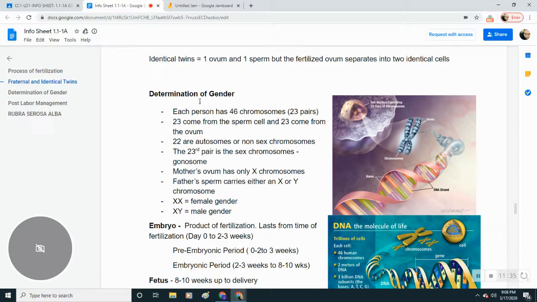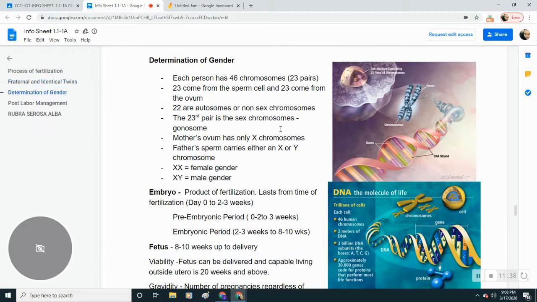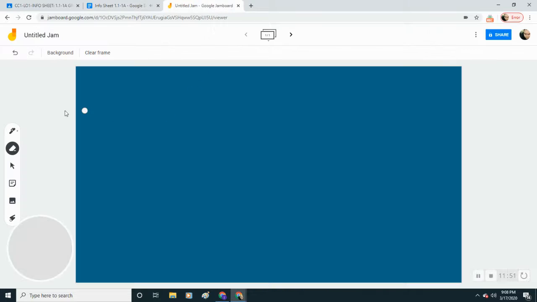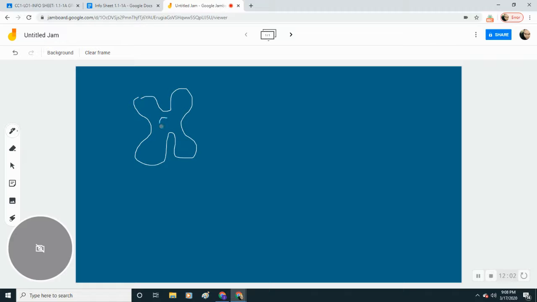So, in determining the gender of the baby by the sperms and the egg cells, we all have 46 chromosomes. Okay? 46 chromosomes, so 23 pairs. So, anong ibig sabihin niyan? Chromosomes are like this one. This contains your DNA.